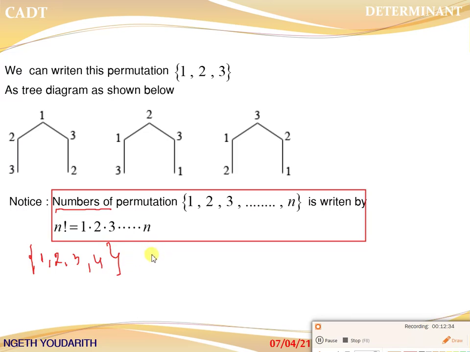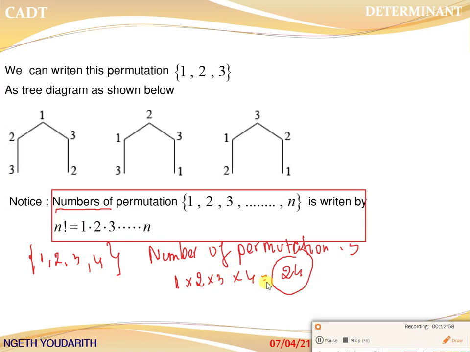So the number of permutations of 1, 2, 3, and 4 is 24.